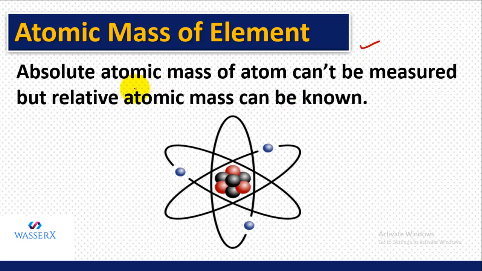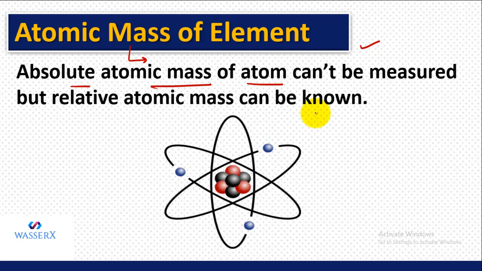See, the atomic mass in simple language is the mass of an atom of an element. But the absolute atomic mass of an atom can't be measured. The reason being, atom is too small to be isolated, and there are no accurate techniques to measure such small mass.